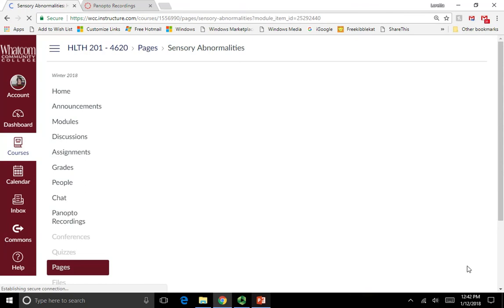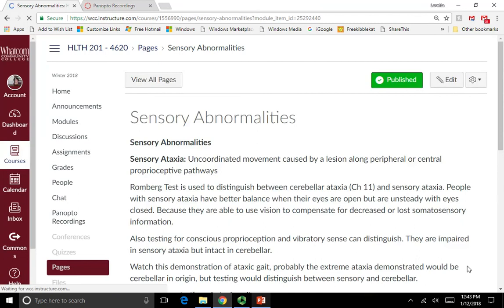So with the sensory abnormalities, you can get ataxia or incoordination. Basically the lesion is somewhere along peripheral or central pathways. People with sensory ataxia have better balance when their eyes are open, but they're usually unsteady with their eyes closed.